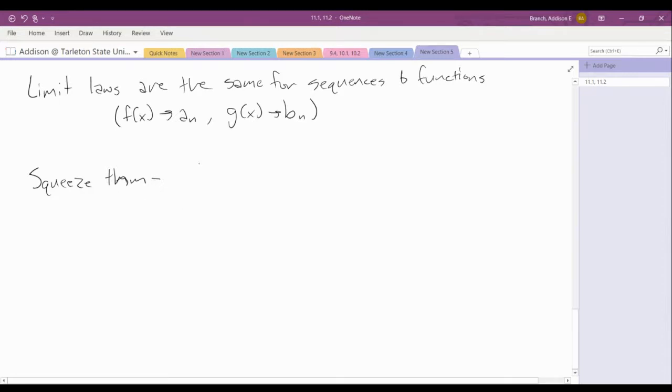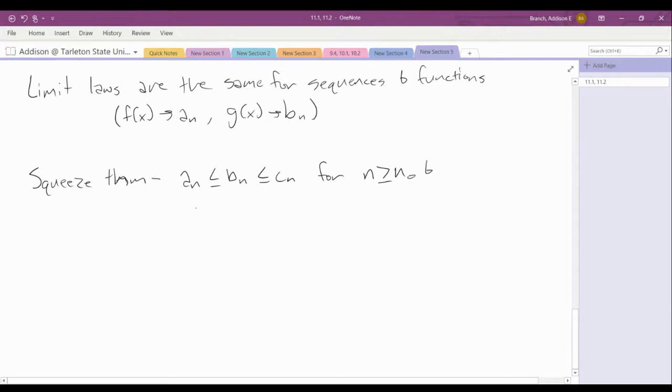So in this case, we have sequence A less than or equal to sequence B, which is less than or equal to sequence C for any n greater than the initial.